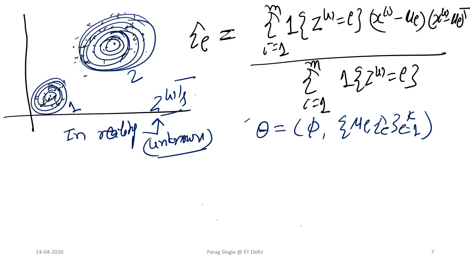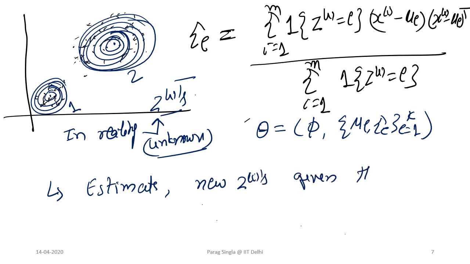But exactly because these zi's are unknown, and we had some assignment which may not be optimal, we have to now go back to the next step: once we know the parameters, which are the prior probabilities for each of these clusters, the phi's, and also the parameters of the corresponding Gaussian distributions, we want to estimate our new zi's given the current model parameters.